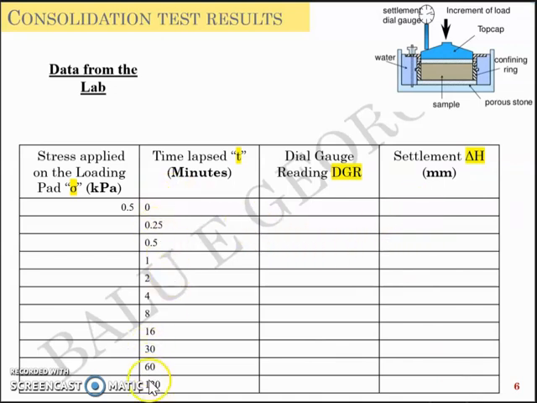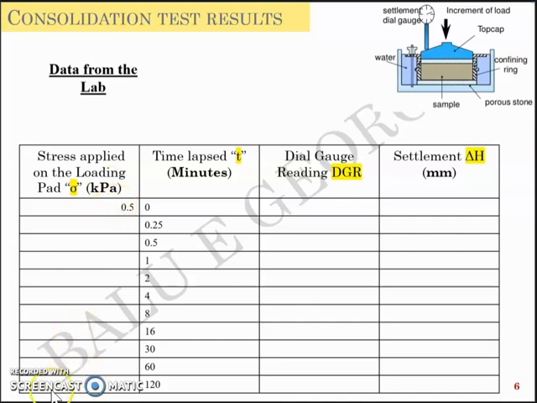And once the effect of the single load increment is finished, which you can infer from the dial gauge reading, if there's no significant change in the dial gauge reading, let's say after 4 hours, it means that the effect of this particular load has almost reached 0.